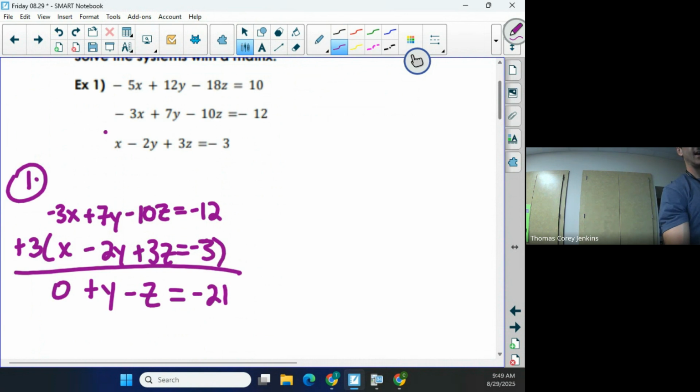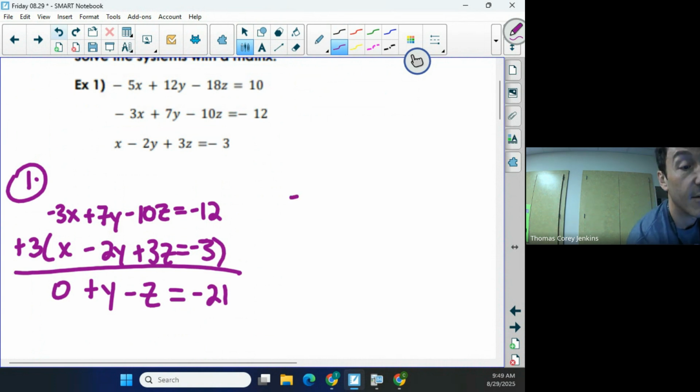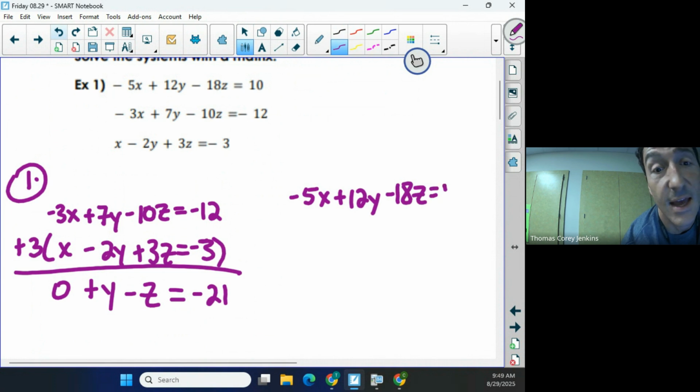So to do that, I'm going to use row 3 and row 1. So my strategy there is going to be to add 5 of row 3 to row 1. So -5x plus 12y minus 18z is 10. And then 5 of row 3.